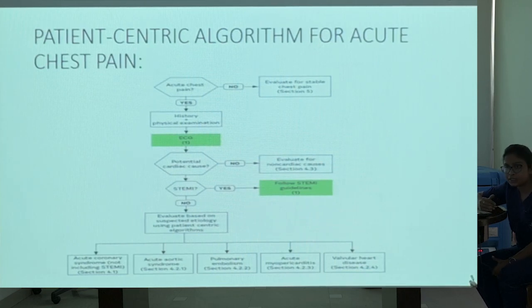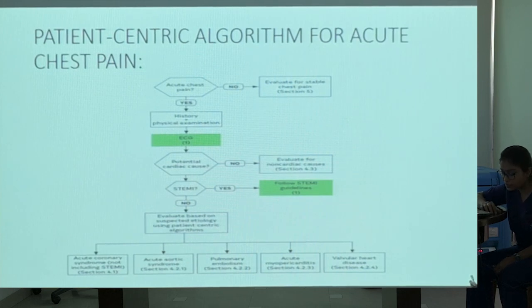We should evaluate the patient according to the history and physical examination, as well as do an ECG, as I have already explained. If the ECG shows any potential cardiac cause, we should first diagnose whether it is STEMI or not. If it is suggestive of ST elevation MI, then we should follow the ST elevation MI guidelines.